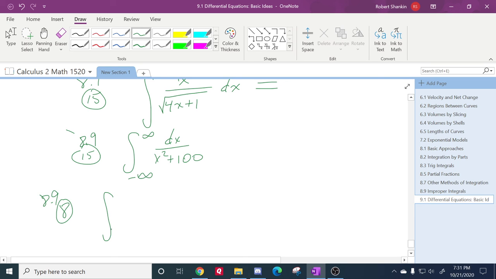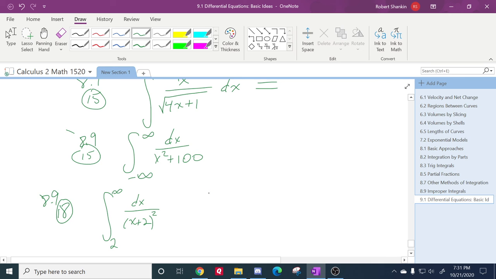She meant 18. Yeah, 12 and 18. Okay, so the integral from 2 to infinity of dx over x plus 2 squared.